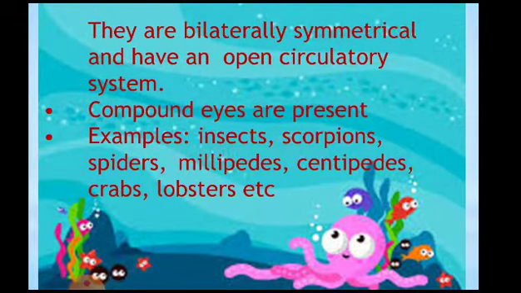They are bilaterally symmetrical and have an open circulatory system. They have compound eyes. Examples of these organisms are insects, scorpions, spiders, millipedes, centipedes, crabs, lobsters. You might have heard about all these organisms, so these names are not new for you.